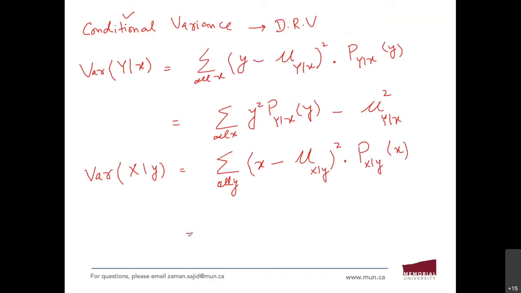Or I can write it as x square times the conditional probability of x, and sum up for all y, and we subtract our mu square. And because we are talking about x given that y, this one should be the same, x given that y.